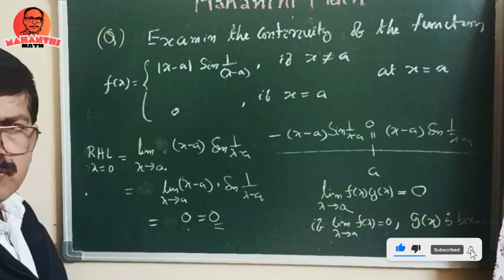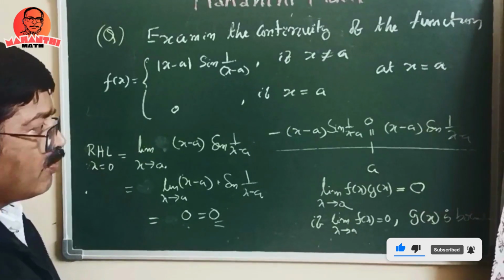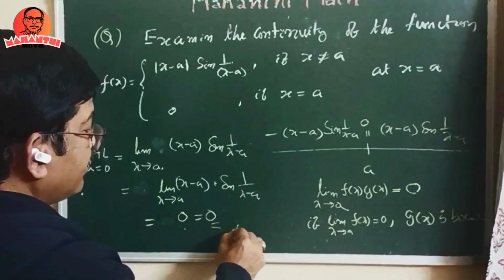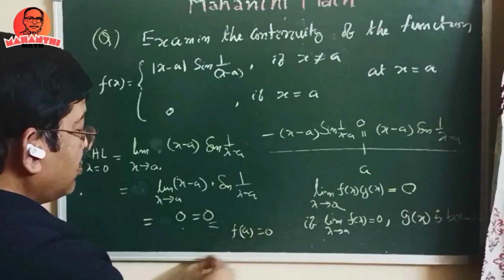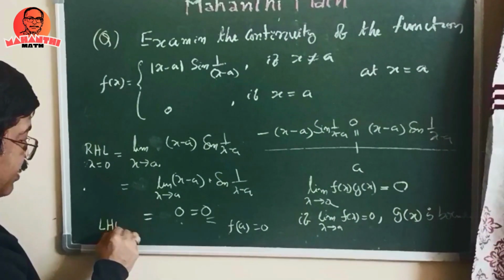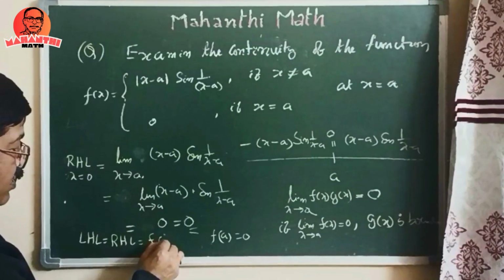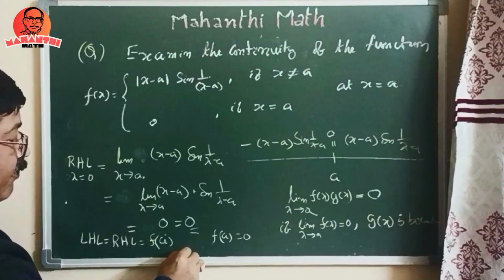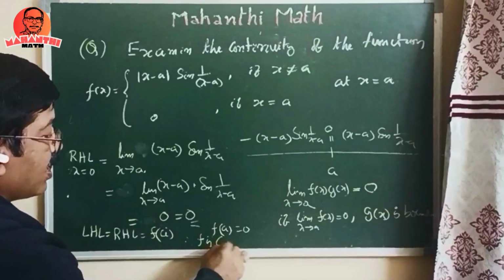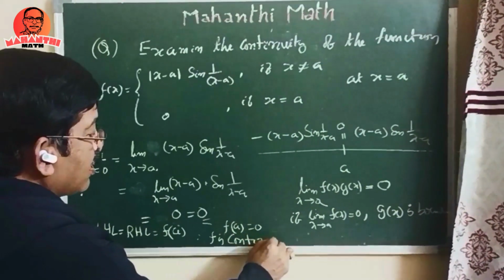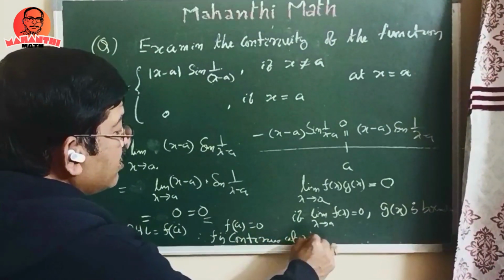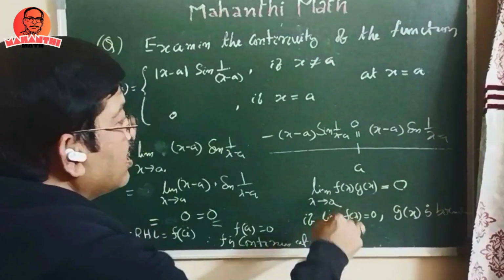So RHL is also 0, LHL is also 0. What is the function value? 0. So what you got? LHL equal to RHL equal to f of a. Therefore, f is continuous at x equal to a.